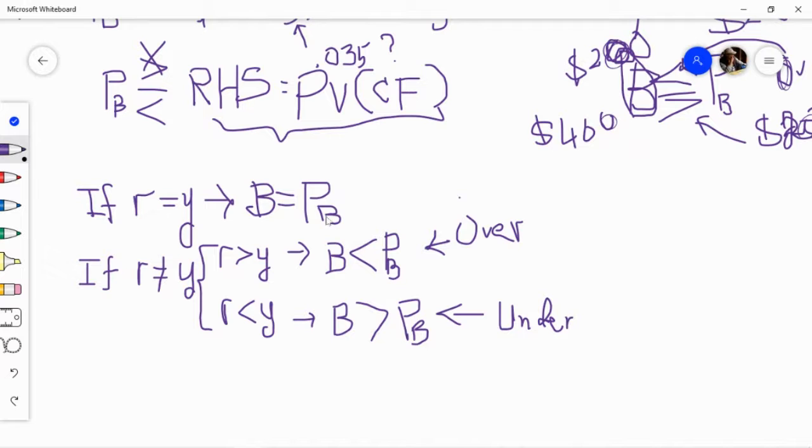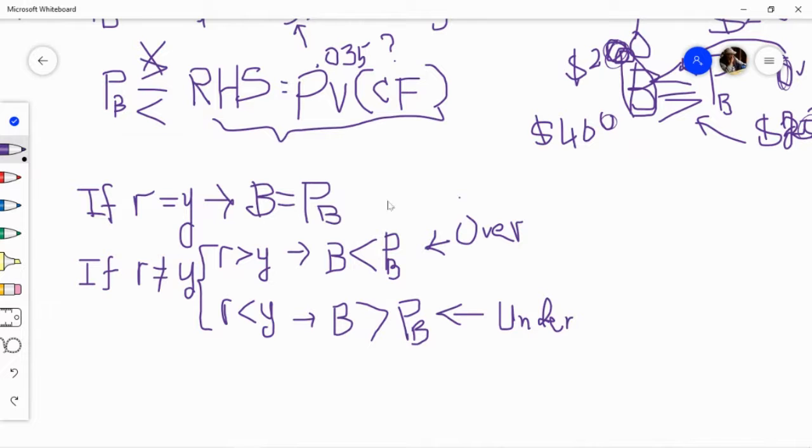If the market is correctly priced, if the market is in equilibrium, there is no profit opportunity. You can't make profit, right? In an efficient market, what does that mean?